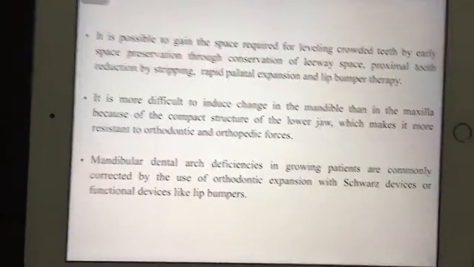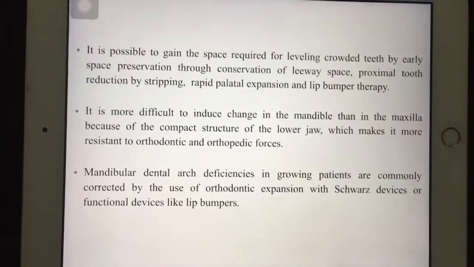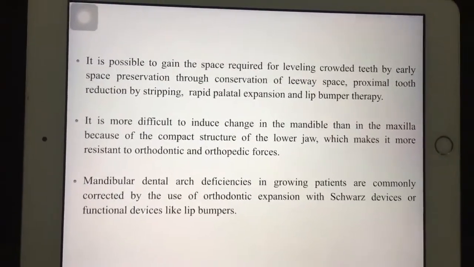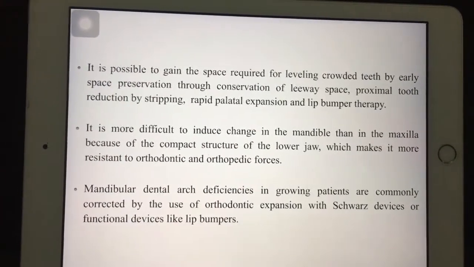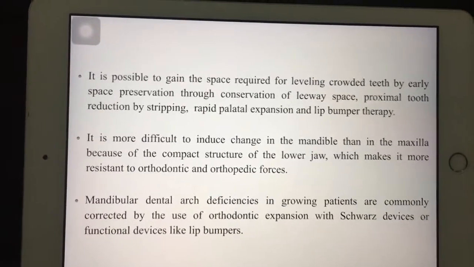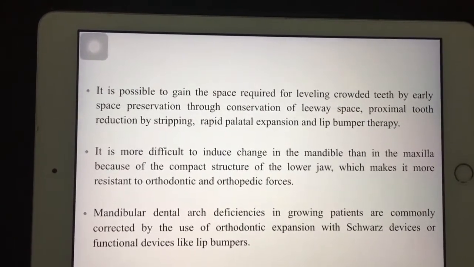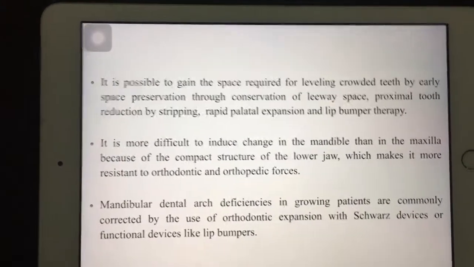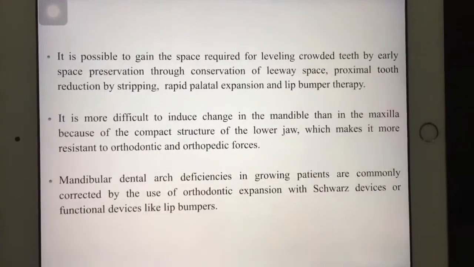So, how? It is possible to gain space required for leveling crowded teeth by early space preservation. For example, through conservation of leeway space. So, what is leeway space? Let's recall. So, it is the difference in MD diameter of deciduous teeth, CDE, and their permanent successors. So, ano yung pwedeng example or treatment?